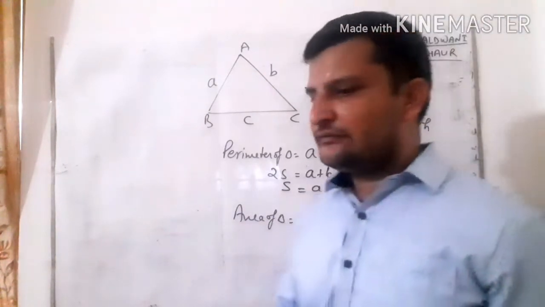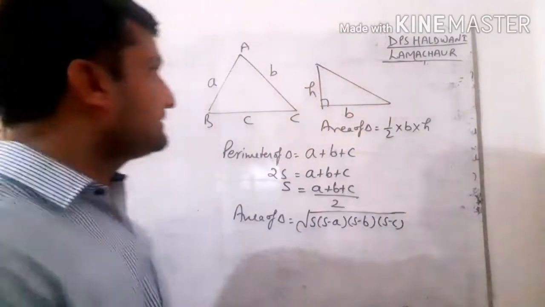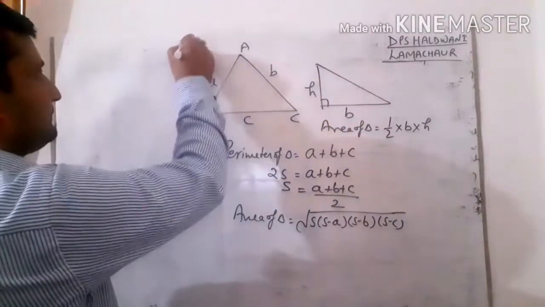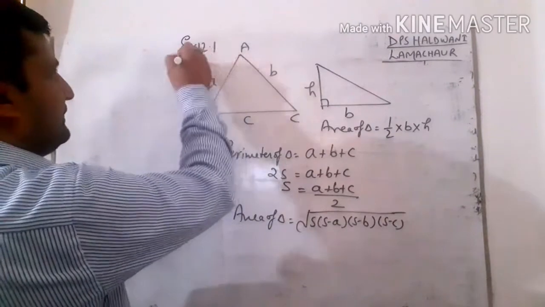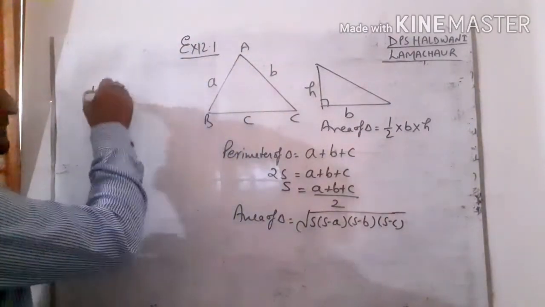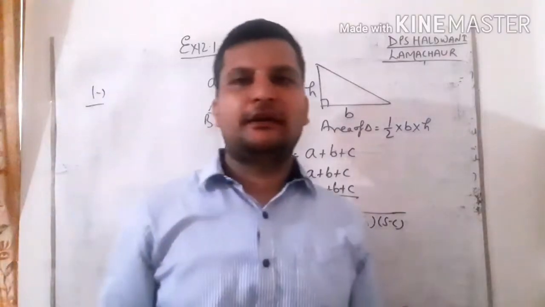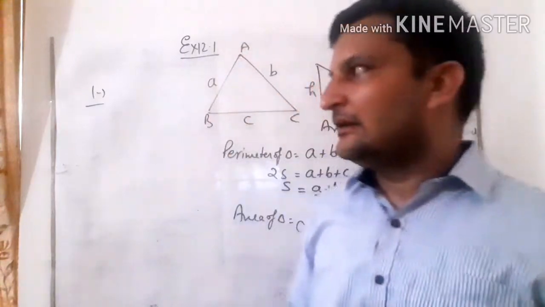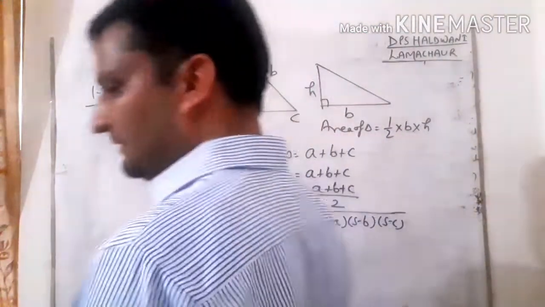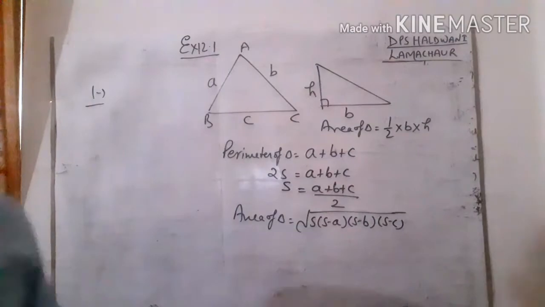So, students, in the first question, what do we have to do? Exercise 12.1, first question. A signboard is here, as written in your book.